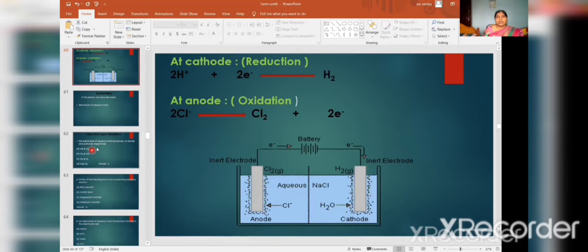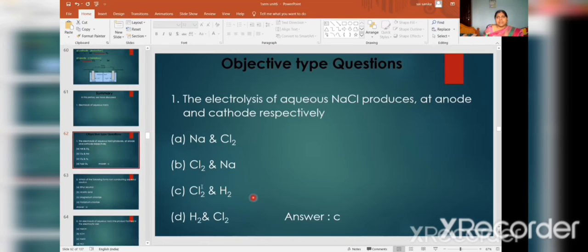So the answer is C. So the electrolysis of aqueous NaCl produces chlorine gas at the anode and hydrogen gas at the cathode respectively.